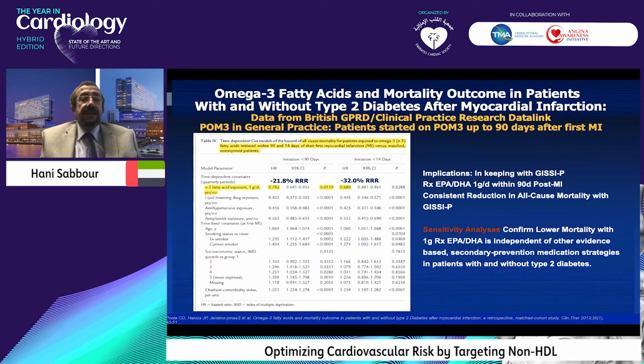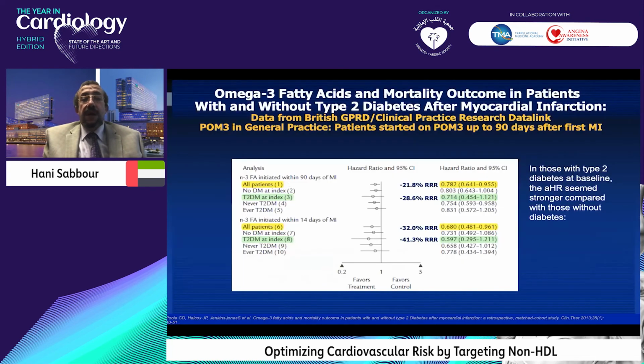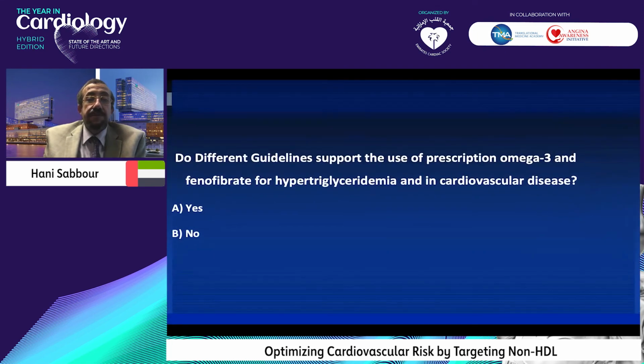Again, the likelihood of the time-dependent covariates was significantly lower if you initiated early rather than late post-MI. And in this group of patients, the diabetic patients seem to have a greater impact at initiation early post-MI, almost 41% relative risk reduction of the hazard after myocardial infarction.